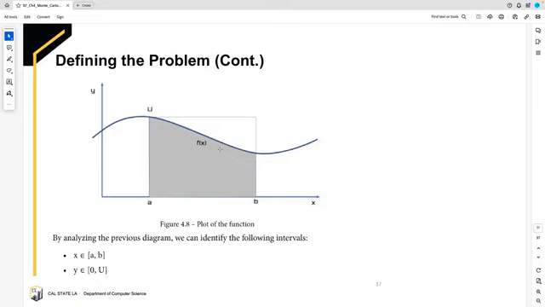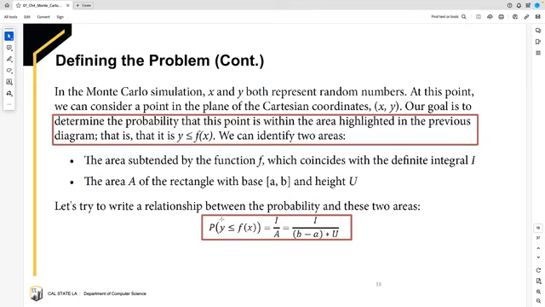So if I can find how many of them are less than or equal to f of x for each randomly generated value of x, then I can come up with the probability, and with that I can come up with the numerical estimation of that integral. This is how we are going to approach this problem.